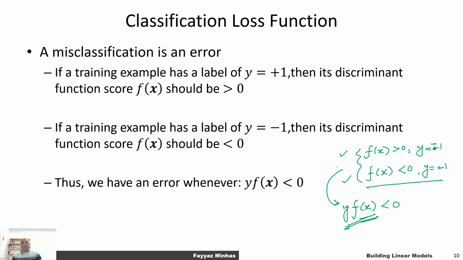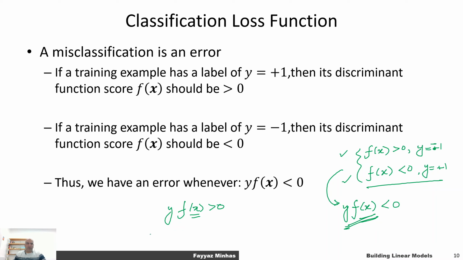If the product of y and f of x is greater than 0, then I can say that this example x is being classified correctly. Since for the training data set we know the training labels and the example features, we can plug x into the discriminant function score and check whether each example is being misclassified or not.